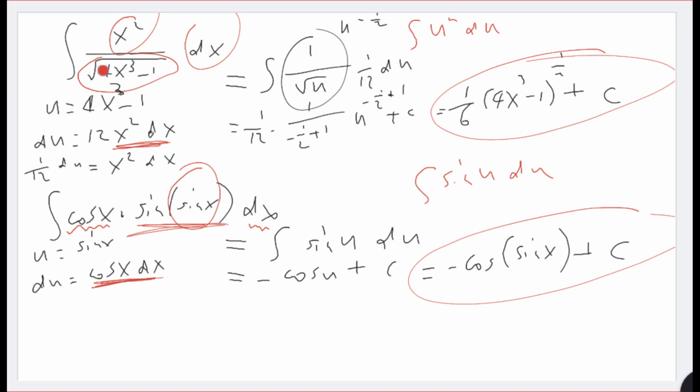Like here, our substitution was 4 times x to the third power minus 1. We differentiate, it'd be 12x squared, which we have. So we have the supporting factor. And in the last example we worked out, our substitution was u equals sine. If we differentiate the sine, we see cosine, which we have. So we have to have the perfect factor, what I call the supporting factor, in place for substitution to work. So this is generally how it works. You have to have a supporting factor.